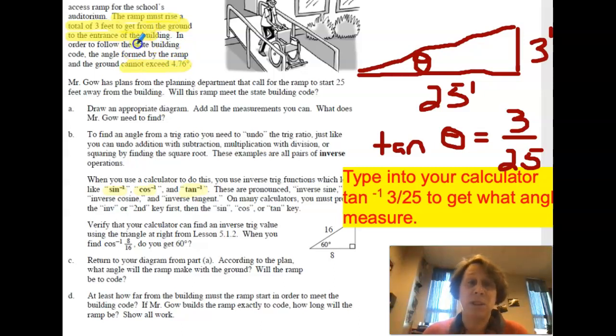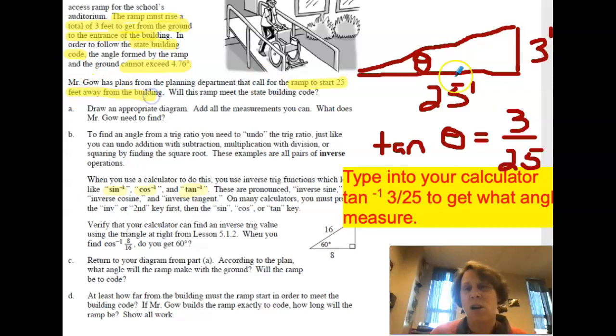There are state building codes, and if you become a contractor or do any kind of construction, you have to be thoughtful of the state and or federal guidelines. We took that information and it told us the ramp started from 25 feet away.